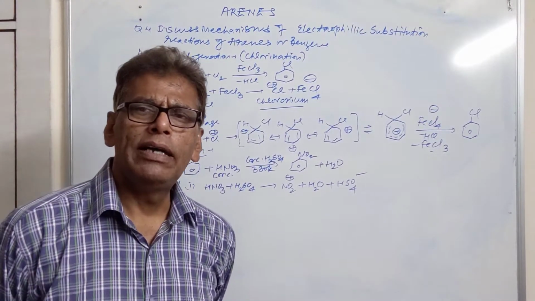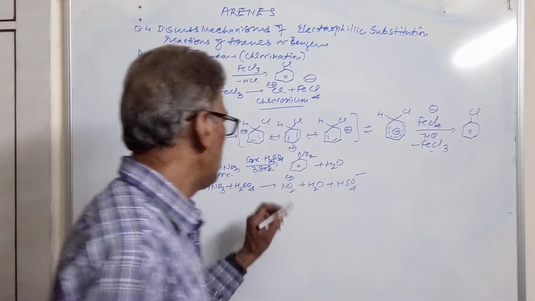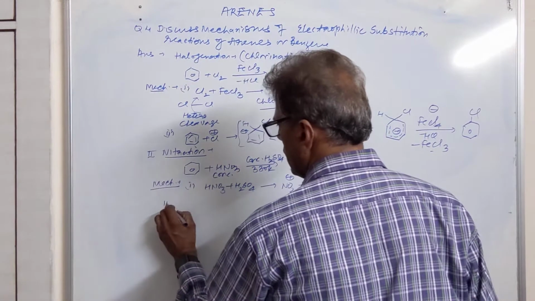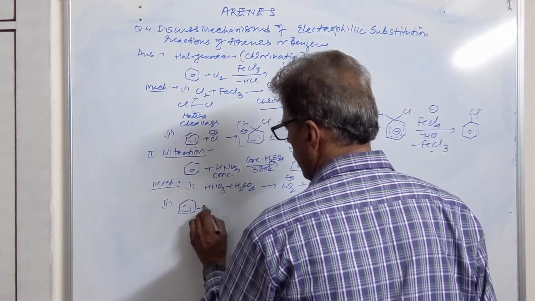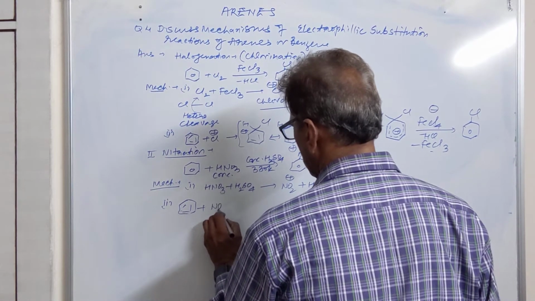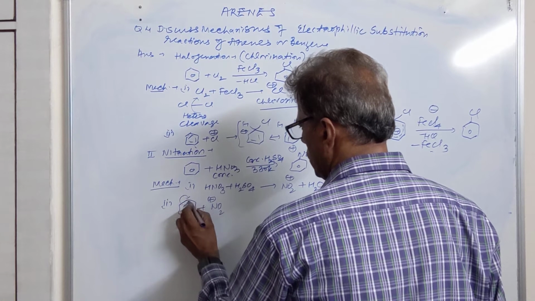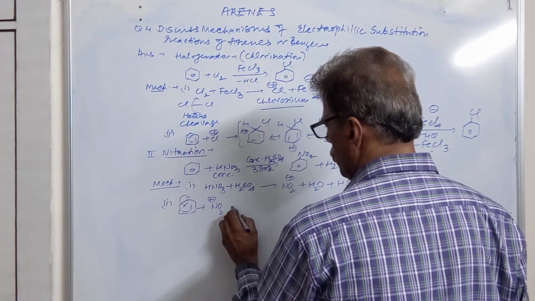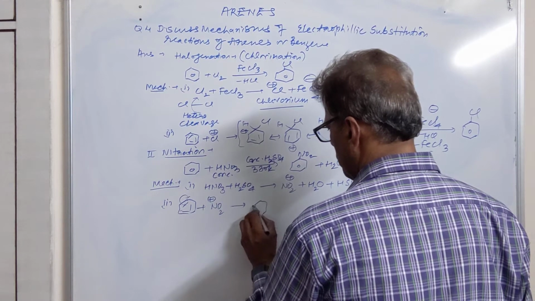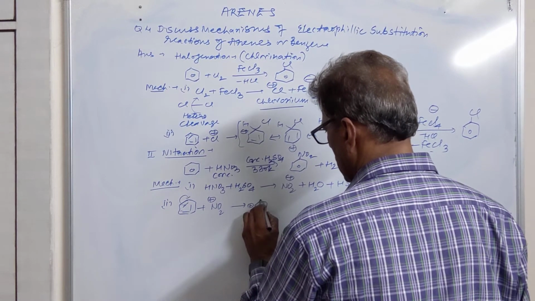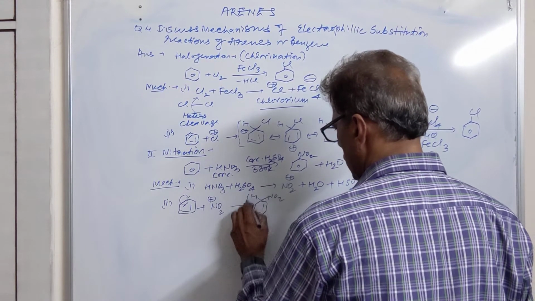Since the nitronium ion is generated, it is electron deficient, so it will definitely attack the benzene ring. So the second step will be benzene now reacts with nitronium ion. This pi electron comes out at this position and forms a bond with NO2. Positive charge lies at the ortho position. This is your NO2 structure.